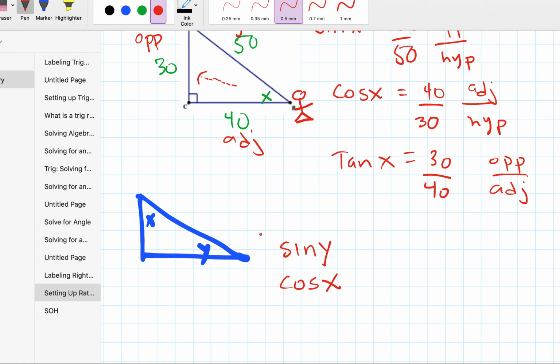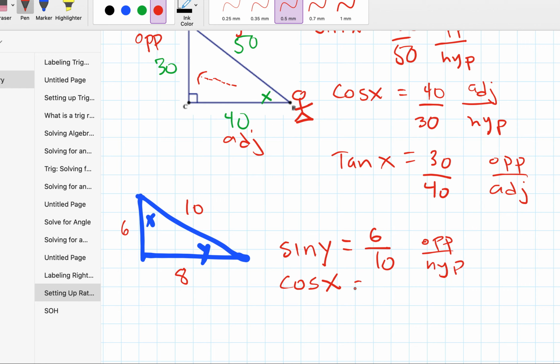And we'll take a look at that by labeling. Our hypotenuse is here, 10, opposite of y would be, let's make a number 6, and then opposite of the x would be 8. So without labeling everything, sine of y would be the opposite, which is 6, over the hypotenuse, which would be 10.